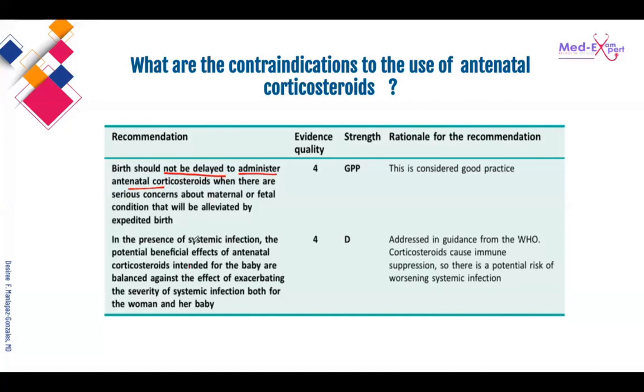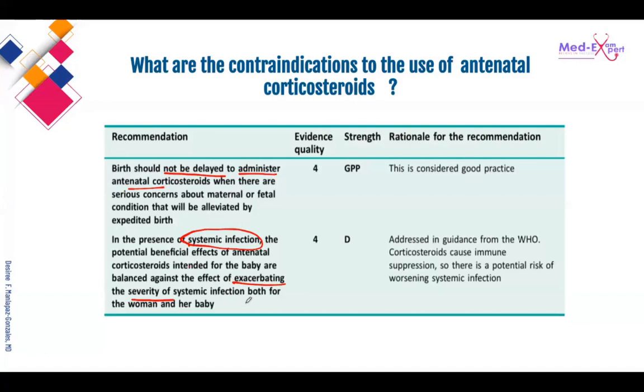Okay, presence of systemic infection, very good. You should know the risk and benefits, because steroids can cause exacerbation of symptoms for both the mother and the baby. So if the patient is an emergency, you need to deliver, you don't need to panic and give the steroids, okay? Because it will never take effect.